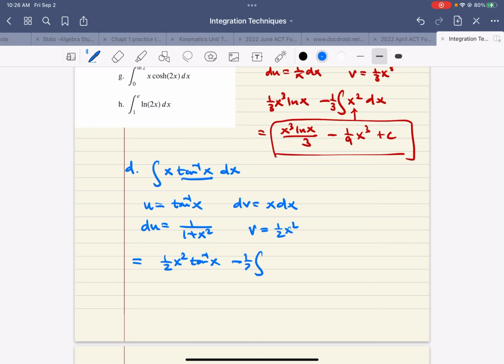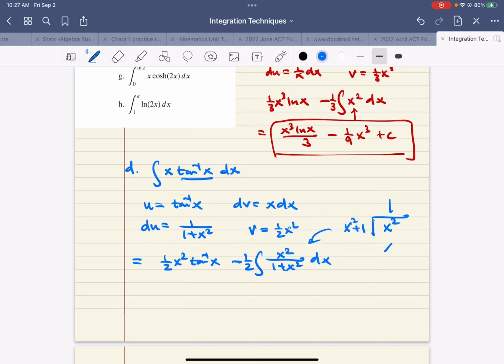So 1/2 you can take out, and then x squared over 1 plus x squared dx. Okay, so far you have that. Now if you remember what I said in an earlier problem, when you have a rational function and the power of the numerator is equal to or higher than the denominator, then you use long division. So x squared divided by x squared plus 1.